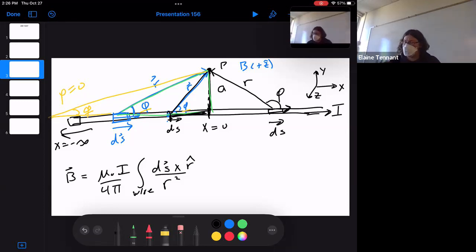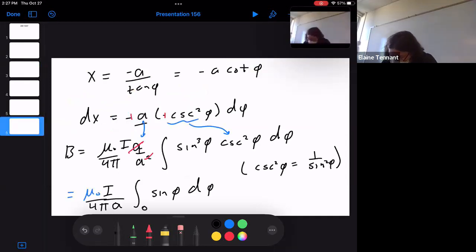So as I get further and further down towards positive infinity, is that angle going to get larger or smaller? Larger. And what will it approach as x approaches infinity? 180. Perfect. 180. Okie dokie. All right.